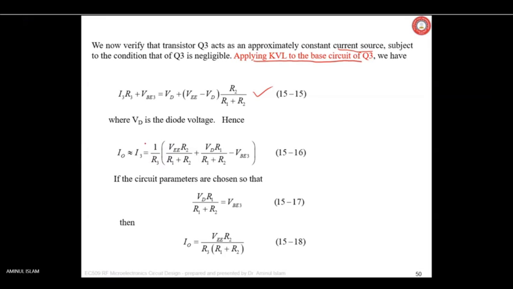Where we take the diode voltage, and IO equals I3, it can be written as this. Using the same, after a little manipulation, you can get this equation.